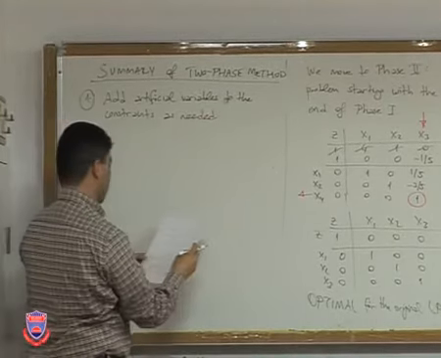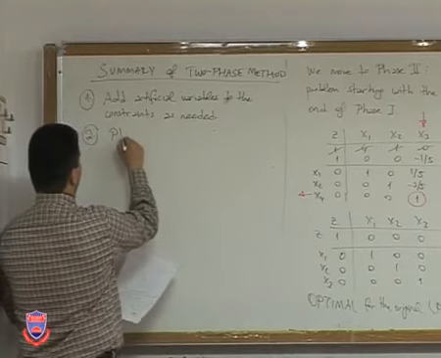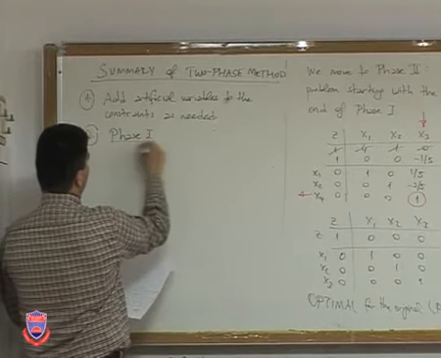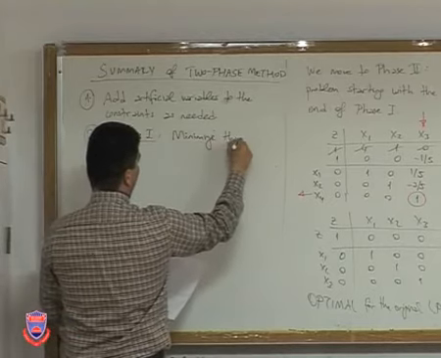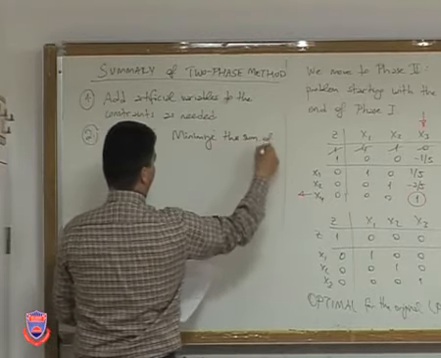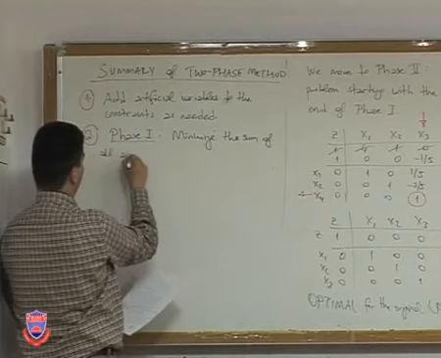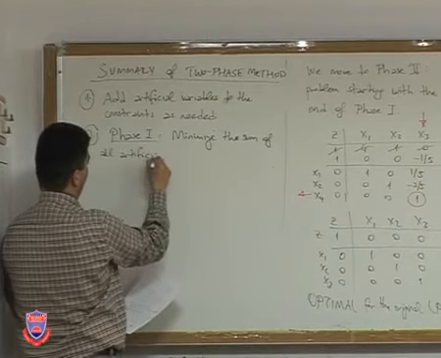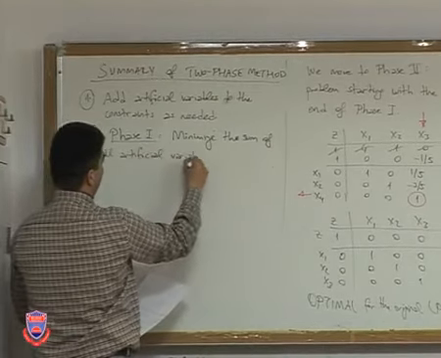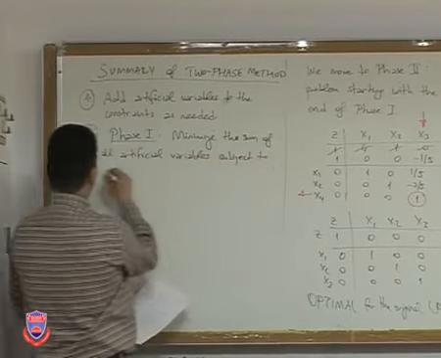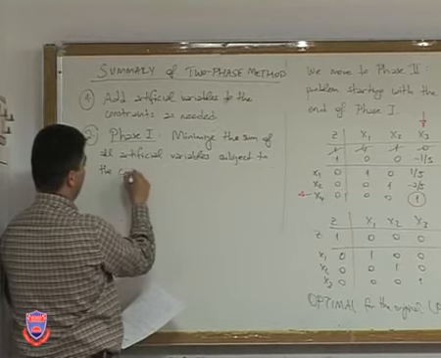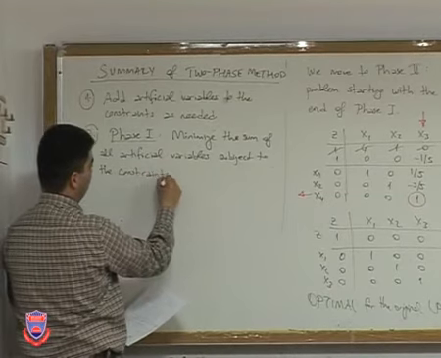In step 2, we're going to solve the phase 1 problem, which is minimize the sum of all artificial variables subject to the constraints of the original LP problem. So the constraints are the same, but the objective function is different.